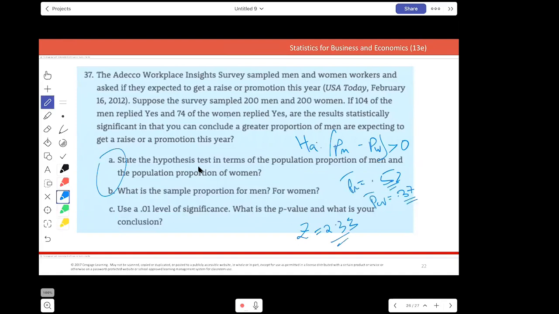All you now need to do is go ahead and compute the test statistic. And remember, in this case, you're going to have to blend the two sample proportions, because 0.52 and 0.37 are very different, and they're supposed to be estimating the same thing, because in a null hypothesis we assume that the proportions are the same. So you're going to have to compute, what is it, 74 and 104?